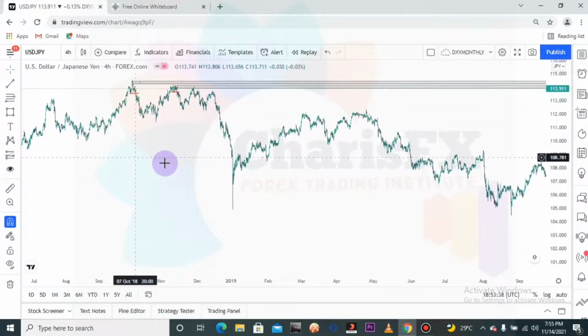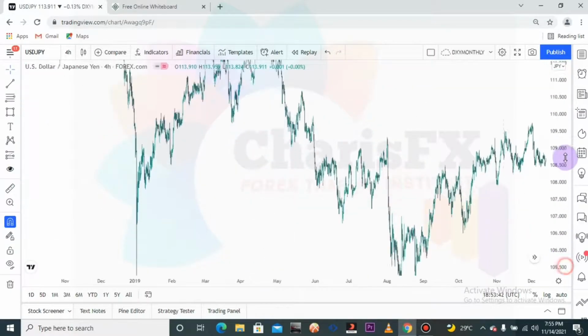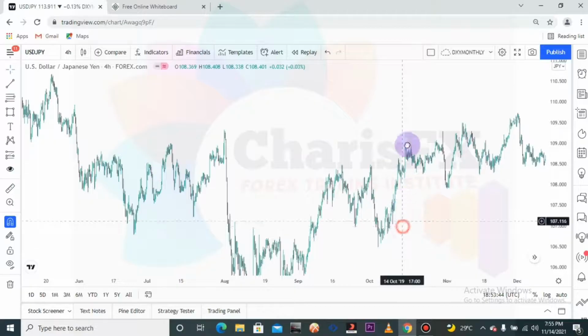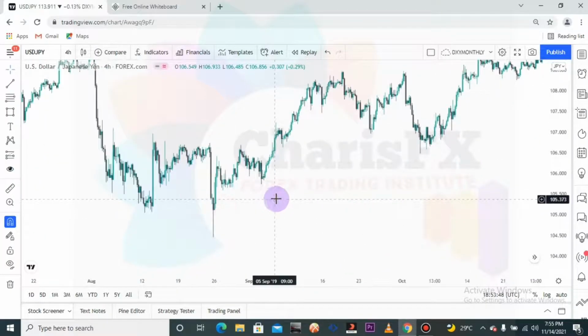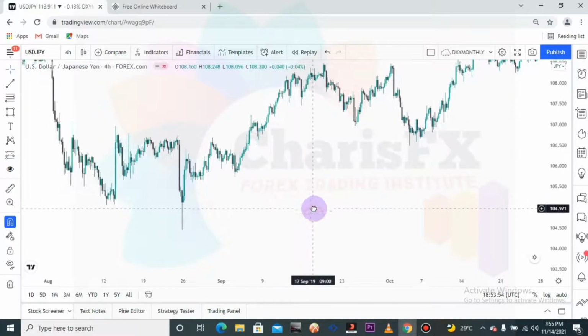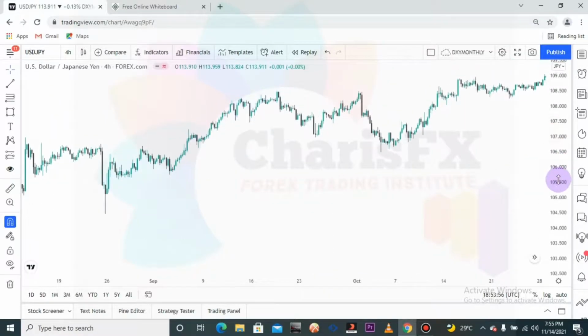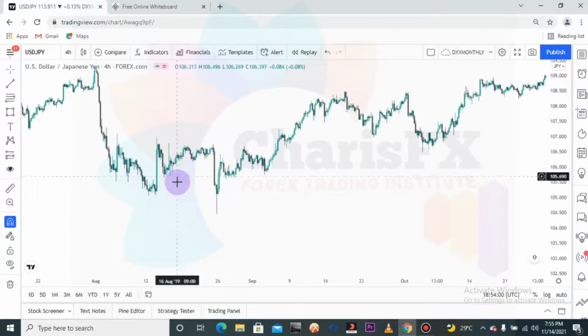Now let's still see what is happening here. So we had a shifting market structure here again.